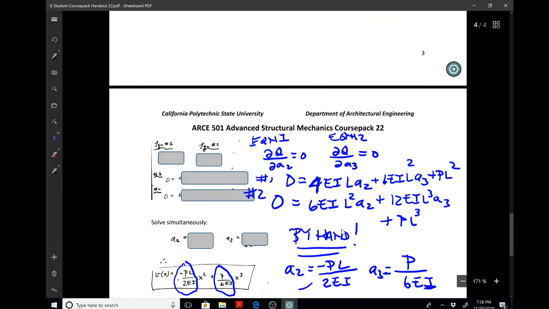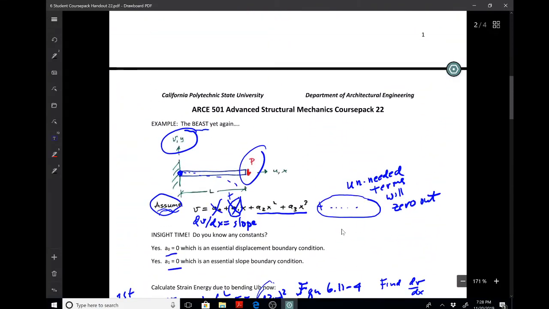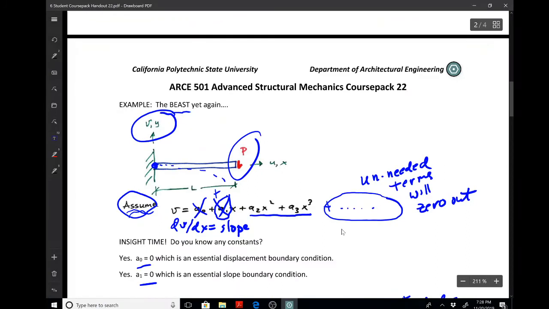You pop this A2 into here and this A3 into here. And we have an expression for V for our beast. And that means V at any x. Now it's not a function of y, but it's a function of x. So it's not super robust, but it's an approximate method.